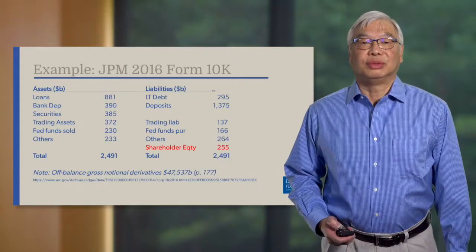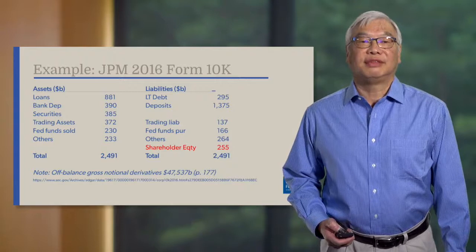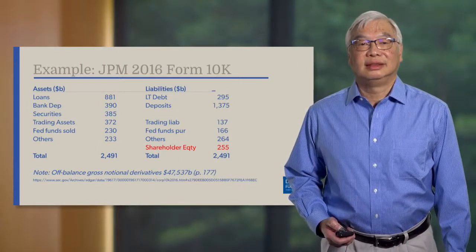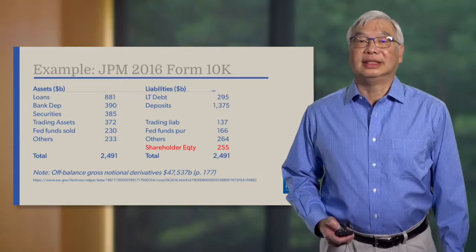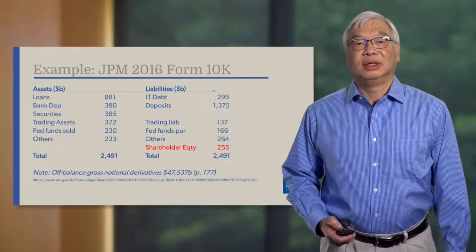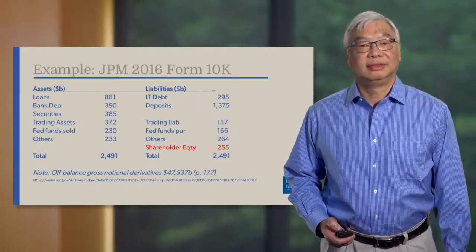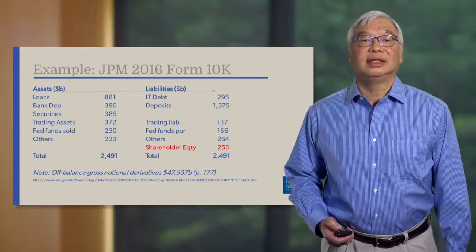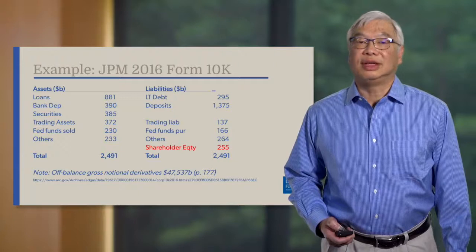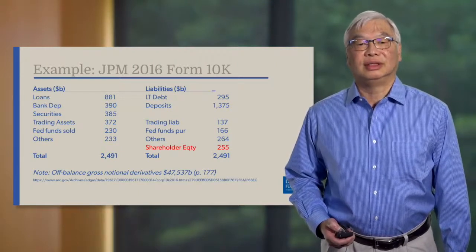To give you a real-world example of risk management, let me start with the 10-K filing from JP Morgan in 2016. The 10-K is an annual document filed by all U.S. public companies with the Securities and Exchange Commission, or the SEC. It contains detailed financial information about the firm. The table on this slide is a simplified balance sheet of JP Morgan.